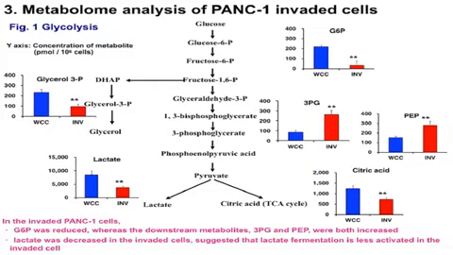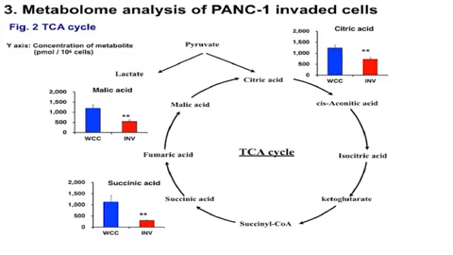And in that report, they found that the glycolytic intermediates, especially 3-PG and PEP, and pyruvate were upregulated in the metastatic cell lines, as we observed in invaded PANC-1 cells in this study.